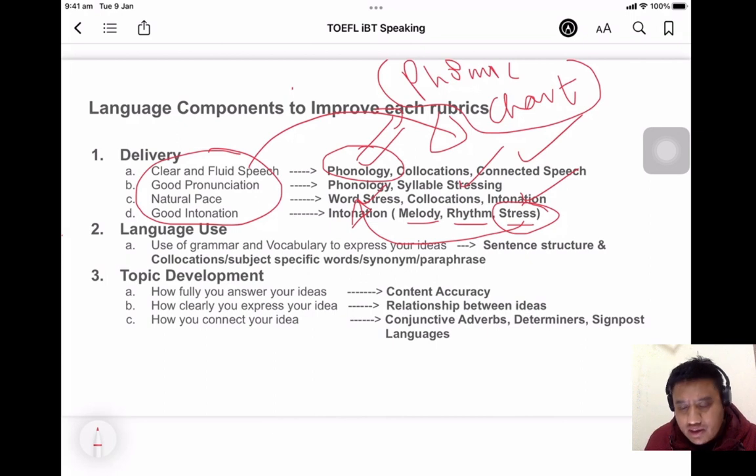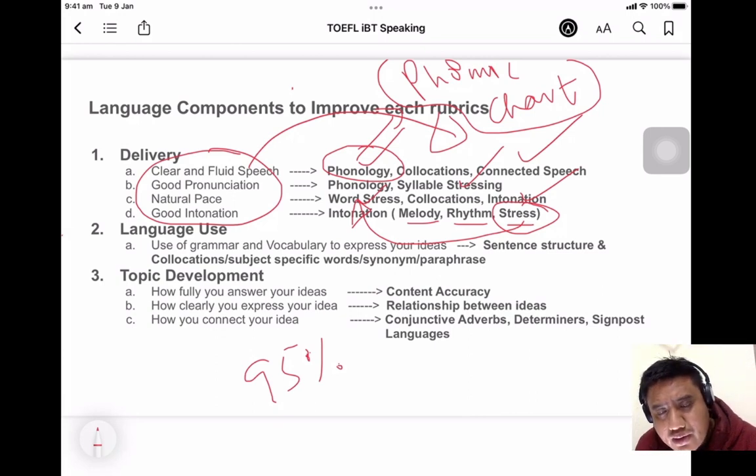Usually, when I teach the phonemic chart, but the good thing about Bhutanese is that I would say 95% of sounds in English are already there in Zonka, a subject that we all study in school.